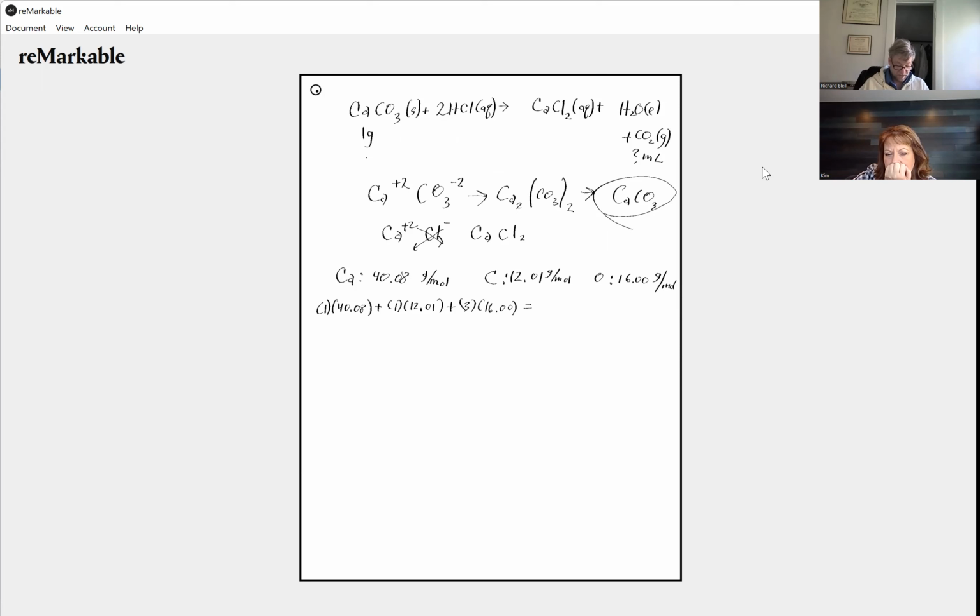So we have 40.08. This is a good one to practice on your calculator, because I know how my calculator works. So I just got a weird answer. That can't be right. Let's do it again.